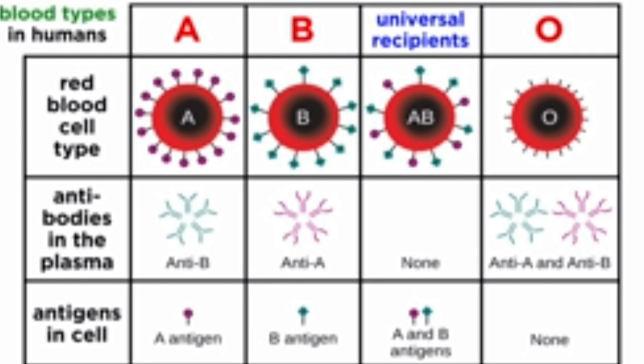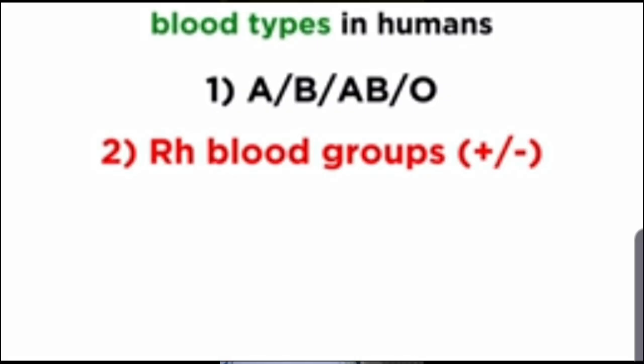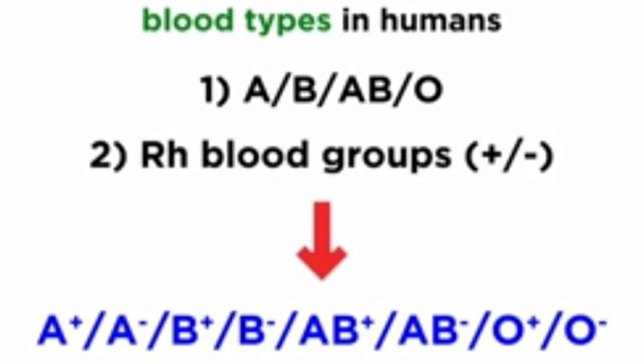And someone with O blood can give blood to anyone since there are no markers to be recognized. Hence, they are universal donors. There are also Rh blood groups, which refers to agglutinogens called Rh factors.